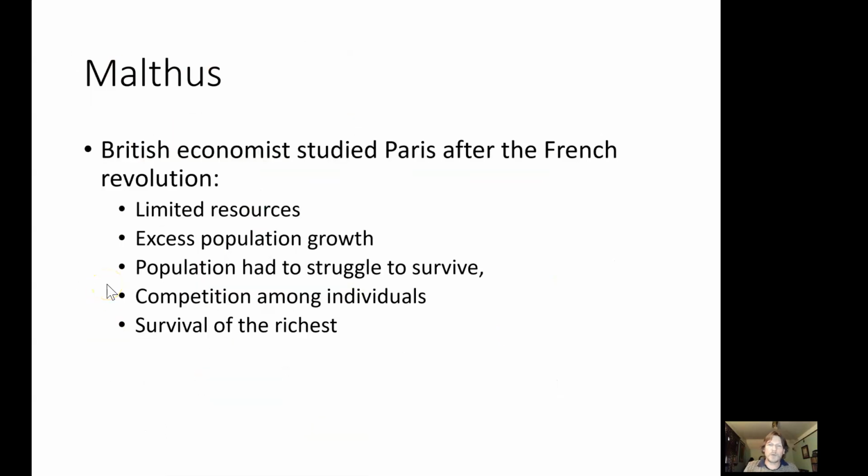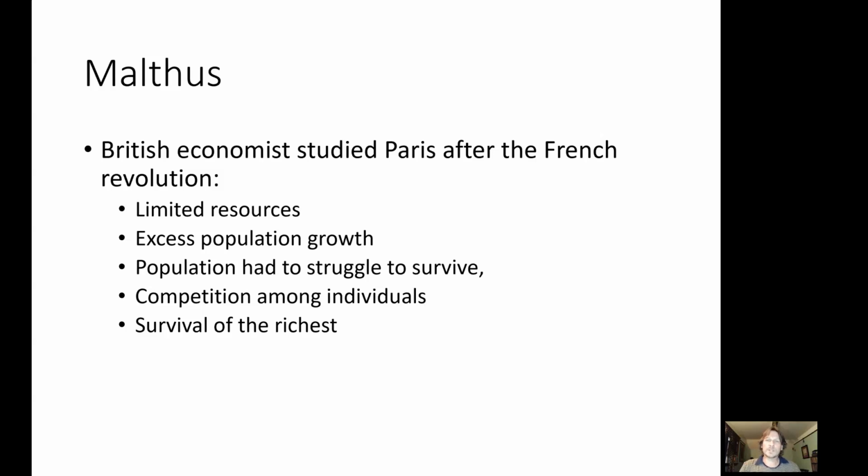Right? Malthus is interesting. So Malthus, you might make a jump and think, how did he influence evolution? He studied economics and populations, and he was there towards the end of the French Revolution, and he went to Paris.